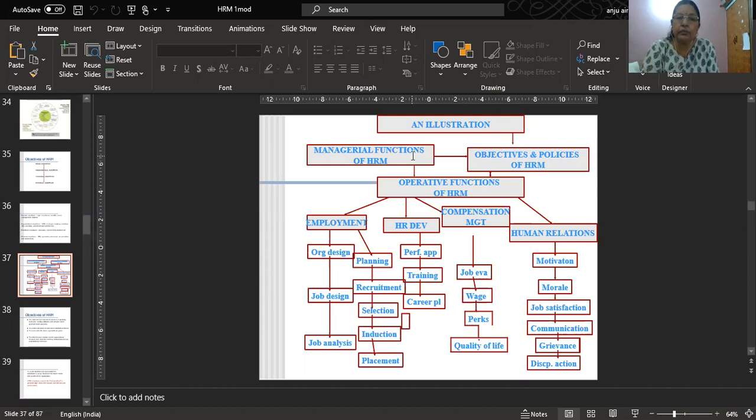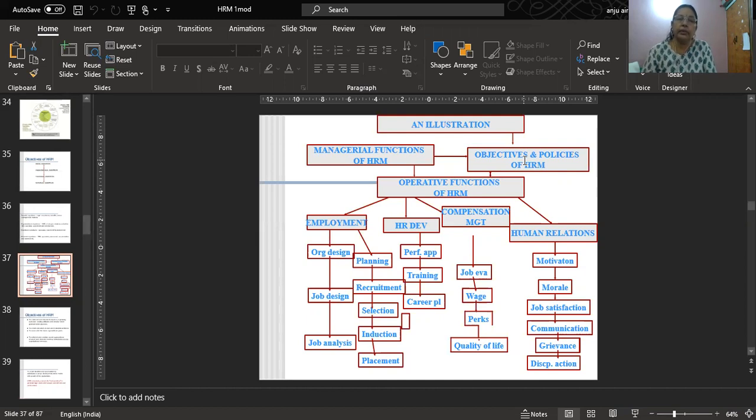So if management wants to have good relations with employees, good employee relations, that is their managerial function, or if they want to give fair treatment to their employees, then their HR policy would be fair treatment of employees, giving fair salaries and wages, and having good relations with employees.